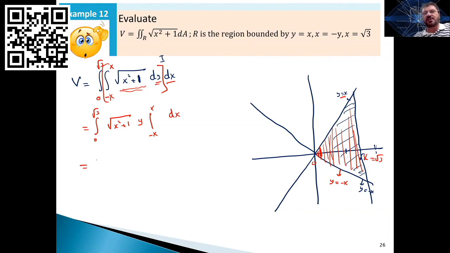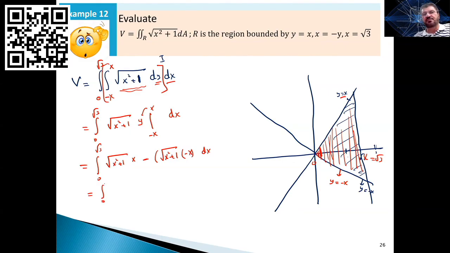So this is equal to the integration from 0 to square root of 3. I'm going to replace y with x because I was integrating with respect to y. So it's going to be square root of x squared plus 1 times x, minus, now put the x here, square root of x squared plus 1 times minus x, dx. Minus with minus is plus.